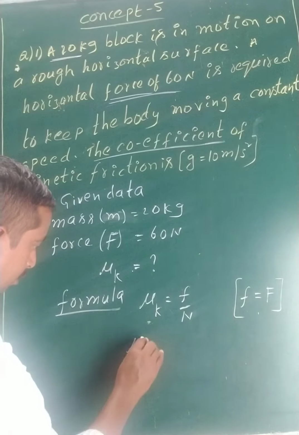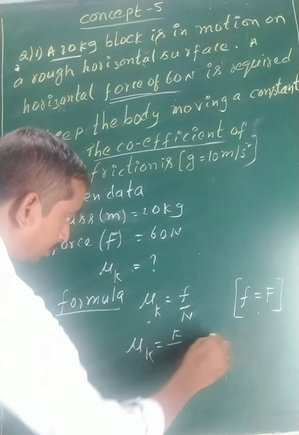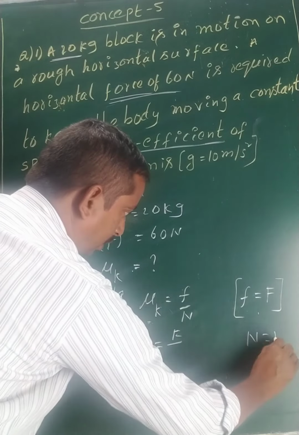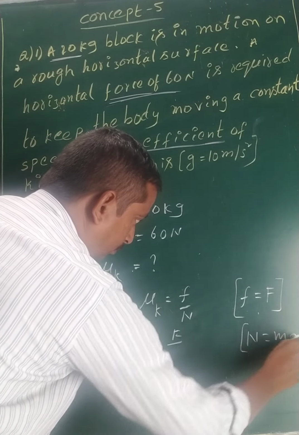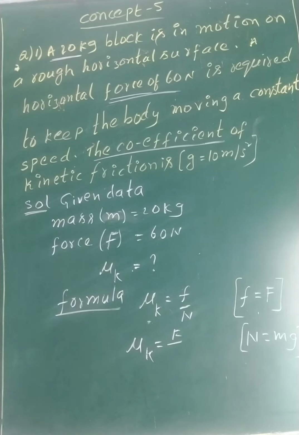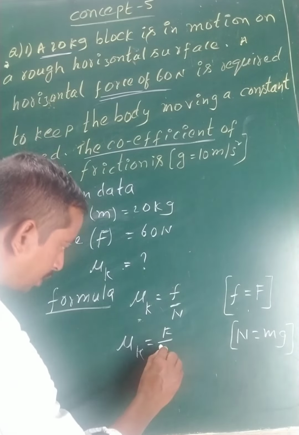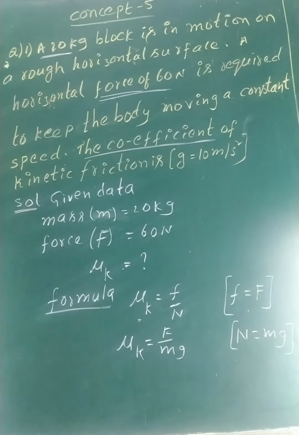So we can write mu k is equal to F by N. Since N is nothing but mg, N equals m into g.